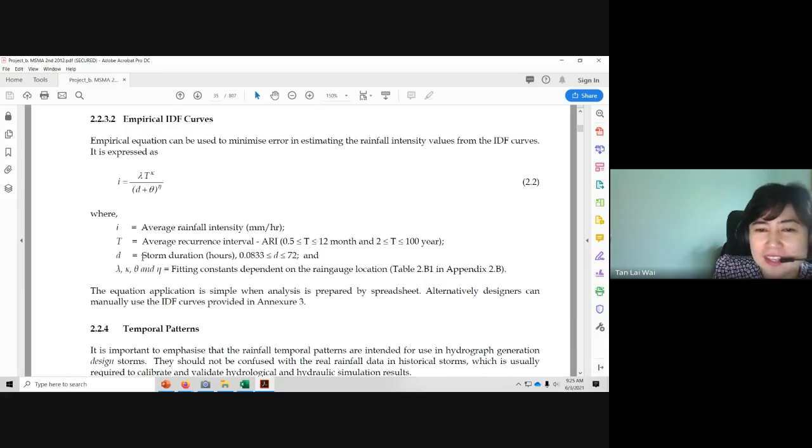Okay, now, storm duration, between 0.0833 hours and 72 hours. May I know 0.0833 hours is how many minutes? Anyone?